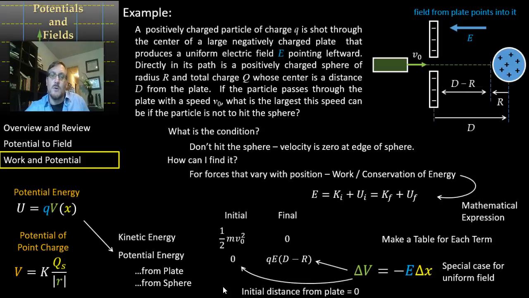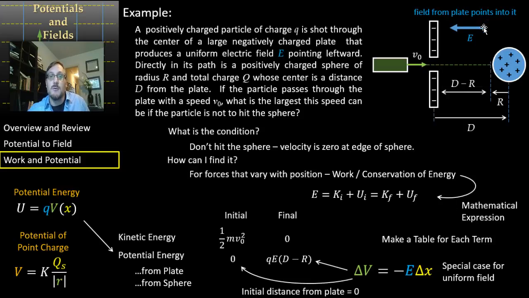So the plate is fairly easy. We're going to use the same idea that we used earlier for that special case of the relationship between the electric field and the electric potential, which is that the change in the potential from one point to the other is equal to minus the electric field times the separation, the distance from wherever it is to wherever it is. So we're going to look at the difference between here and over here.